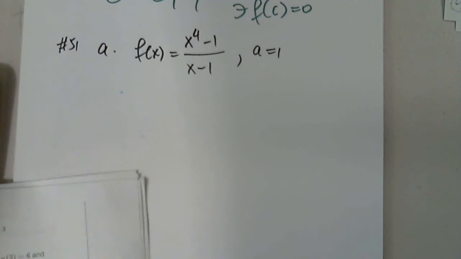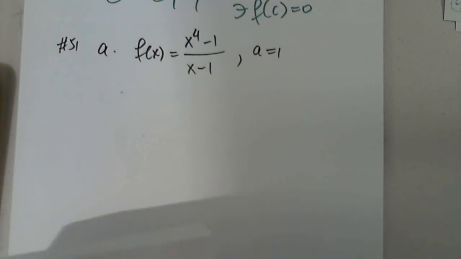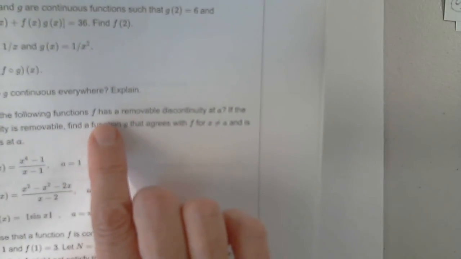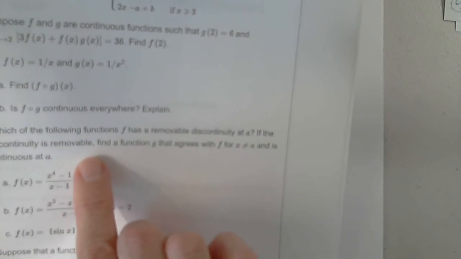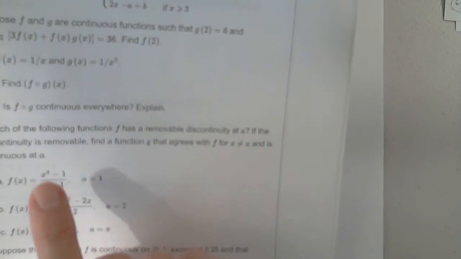So we are still in 2.5. Which of the following functions f has a removable discontinuity? If the discontinuity is removable, find a function g that agrees with f for x not equal to that value, and it's continuous at a.